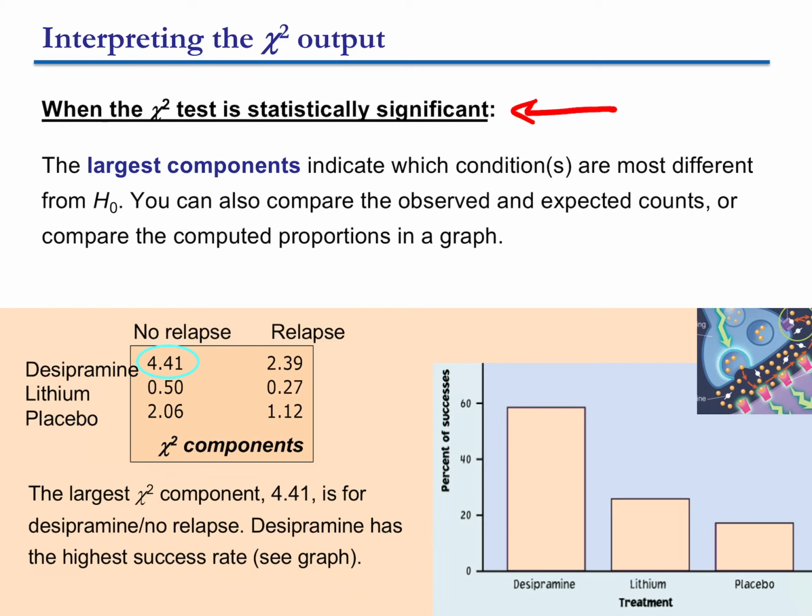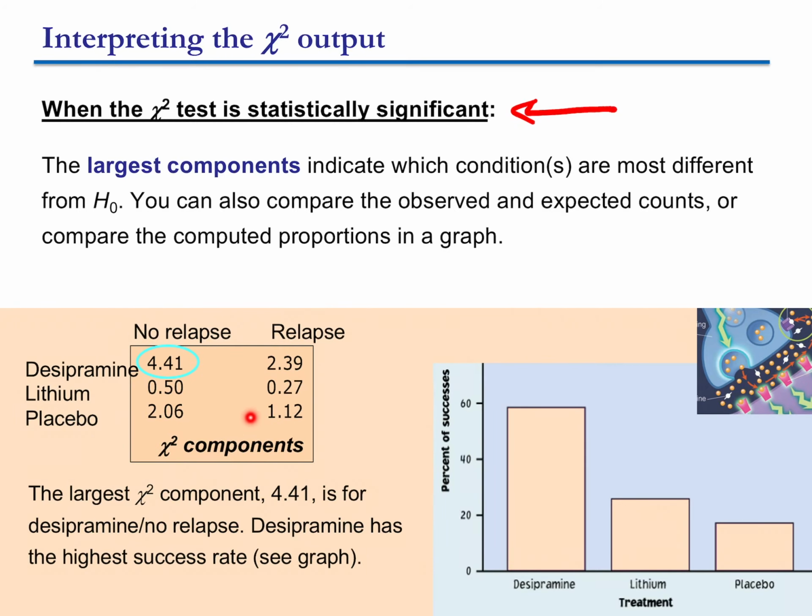If we look at our components here, what we see is that decipermine and no relapse gave us the largest chi-square component. We had the smallest components for lithium and next smallest for placebo. Placebo actually seemed to have more of a relationship than lithium did for some reason, but the important point here is decipermine. We have the largest components, first and second largest, no relapse and relapse respectively, for decipermine.